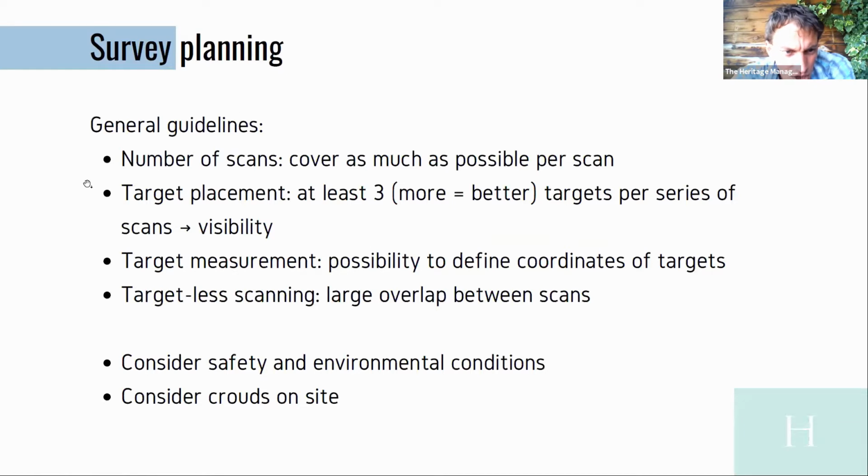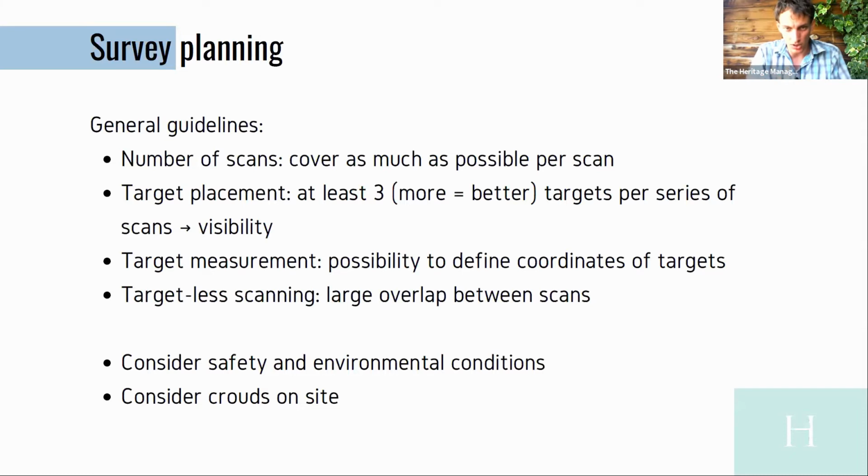So in any case, some general guidelines that I would like to give you. Of course, more is better on the one hand, because the more you cover, the more points you will have. But more is not necessarily better, because more points also include some kind of over measurement and over dimensioning of your object. So try to cover as much as possible per scan.